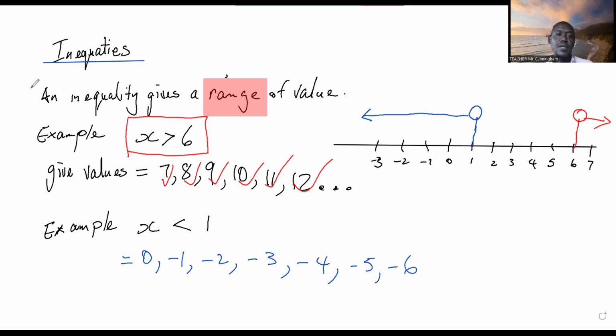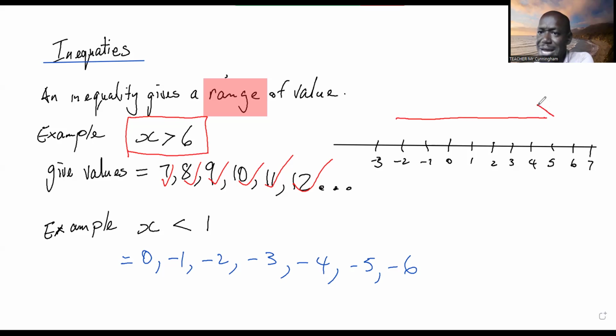Now, the signs that we are using are called inequality signs, a less than and a greater than sign. So how do we know which is which? Now, if I do this arrow here, is it getting bigger or smaller? This arrow pointing to the numbers, are they getting bigger or smaller?